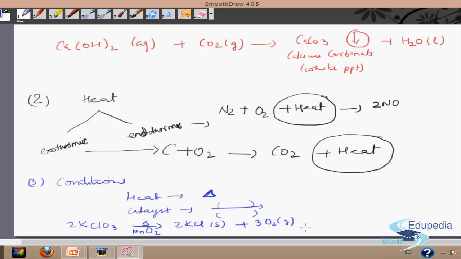So you can see that when potassium chlorate is heated in the presence of a magnesium oxide catalyst, it decomposes to form potassium chloride and oxygen gas.